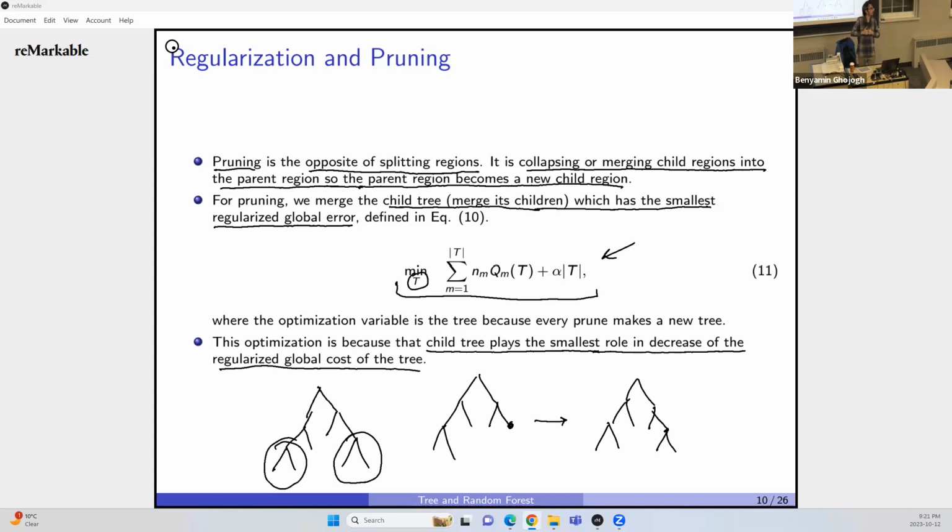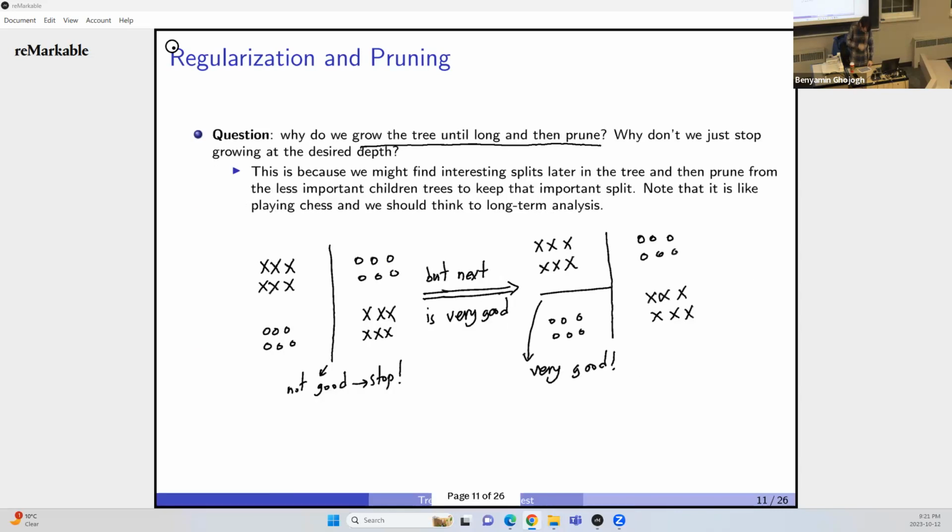Right? I wish we could do it in our own lives too. If we could experience everything, then come back and relive. Right? That's the reason. This example says that future splits might be better.